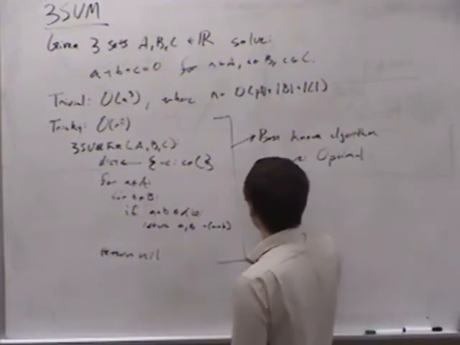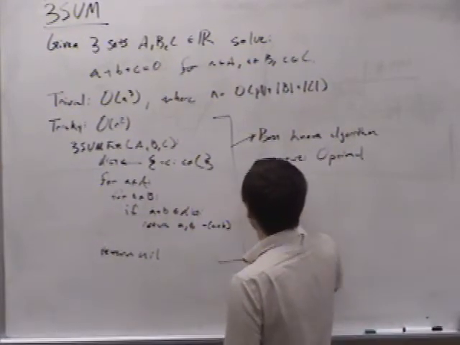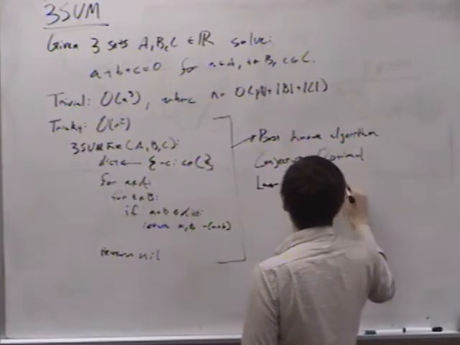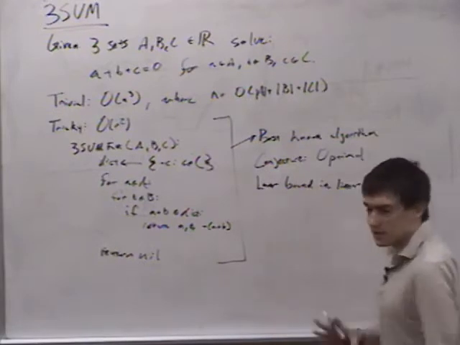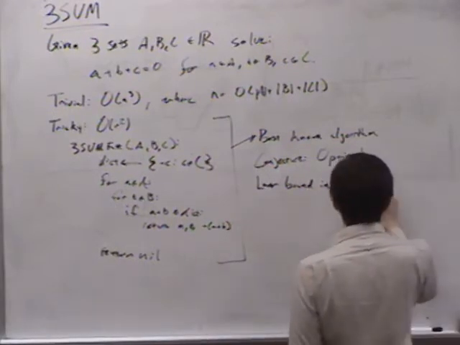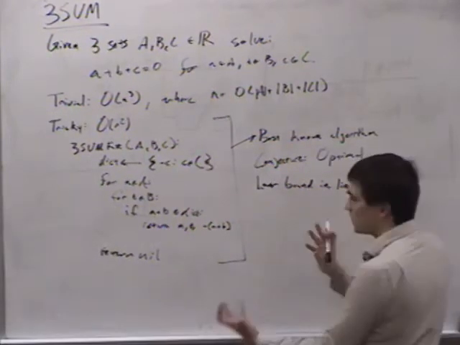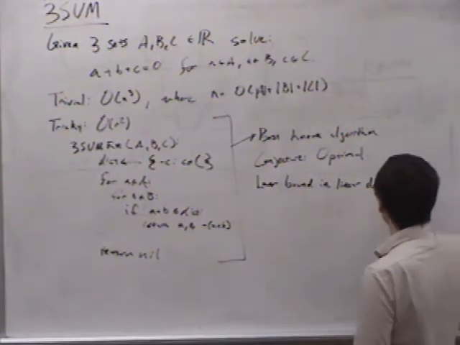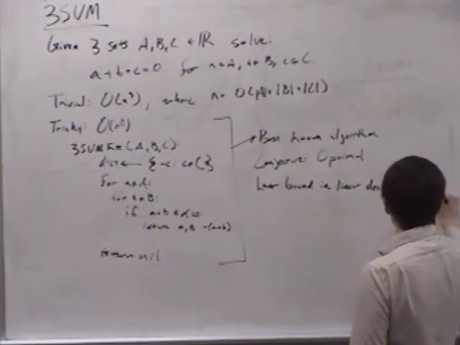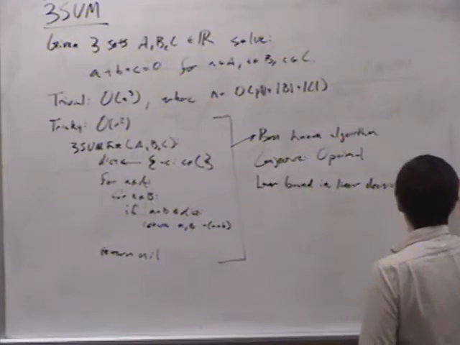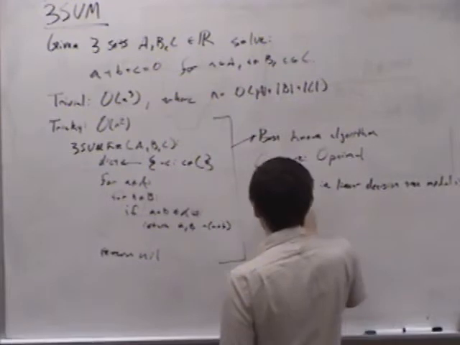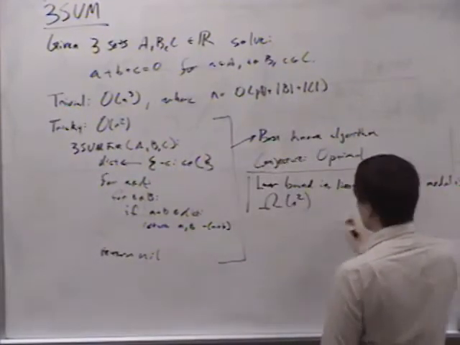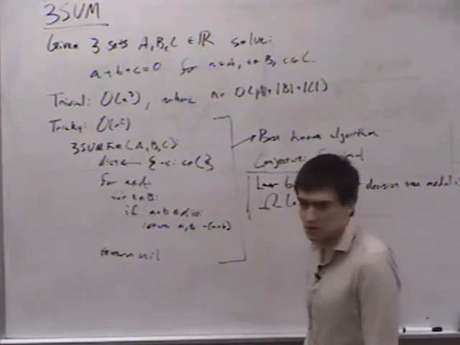So the lower bound in the linear decision tree model, which is a very restrictive type of computer, where you can only really build gates out of linear functions, is omega n squared. So you can't beat this bound in this very restrictive model of computation.